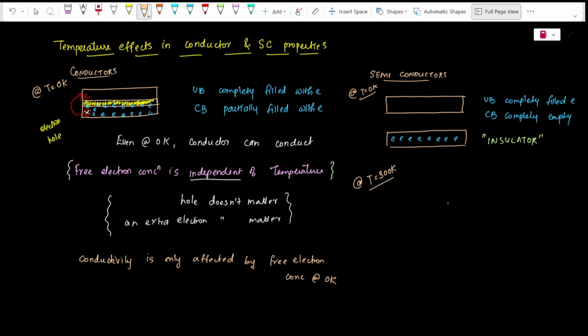Some covalent bonds are going to break. Let's say that I'm having silicon. So you have silicon atoms arranged, a lot of silicon atoms arranged like this. Let's say these are my electrons.